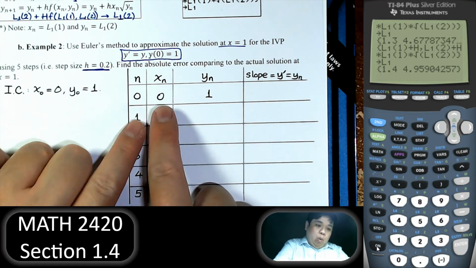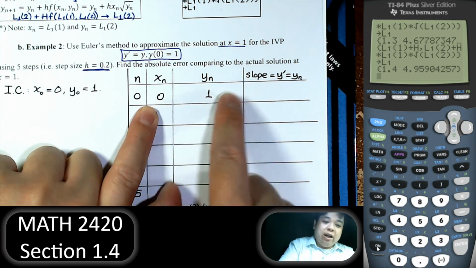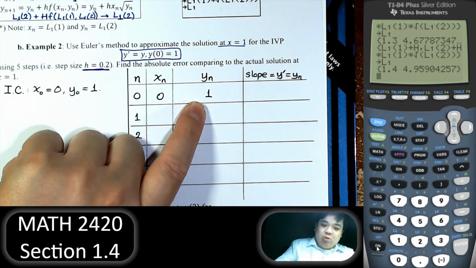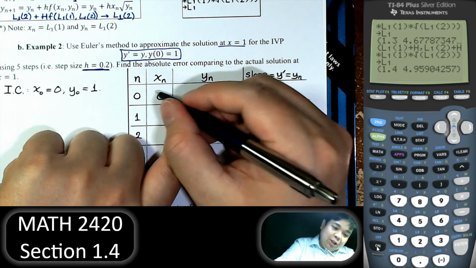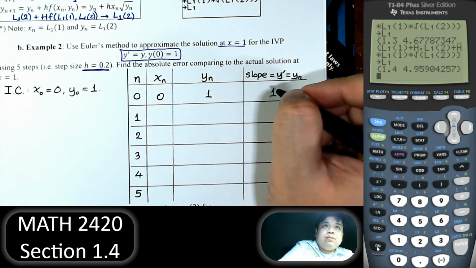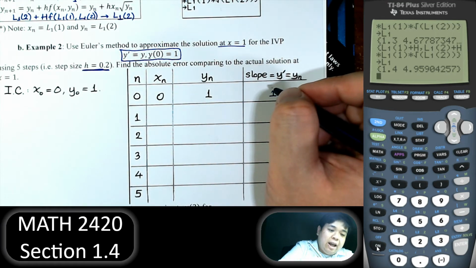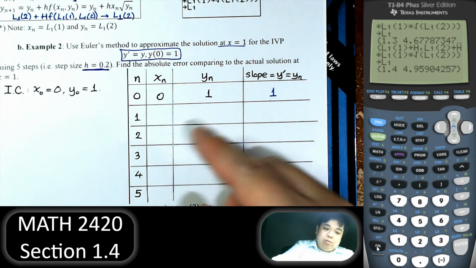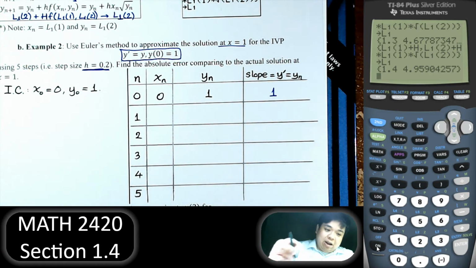Now, when we have x, we have y, we can calculate the slope. The slope happens to be just the y values, which is good. So with those two, we update that. Next, we can update the x values independently without doing anything else.